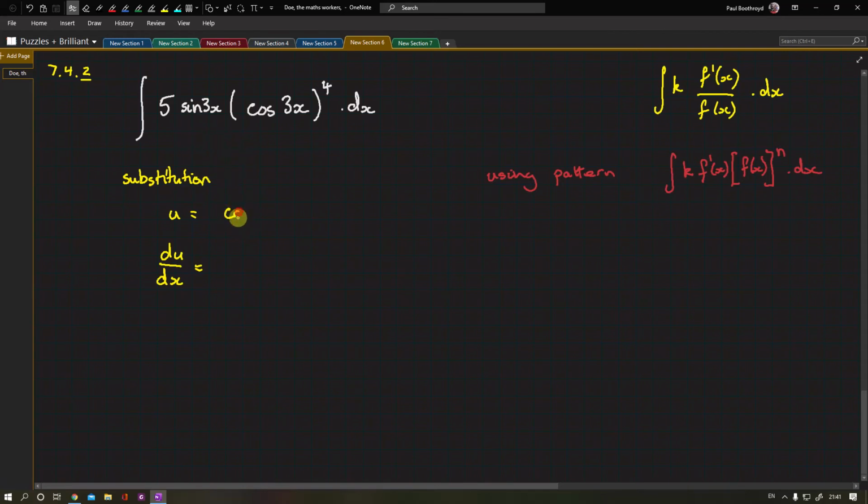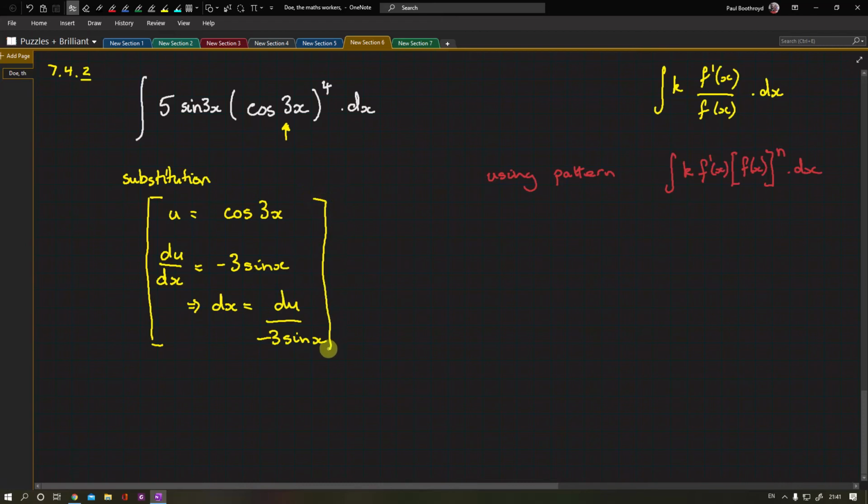So if I start with cos of 3x, this part in the bracket, and I differentiate it, differentiating cos gives me minus 3 sine x. Rearrange it so I know what dx is. So dx is du over minus 3 sine x. So I'm going to substitute that in and do an integration based upon it.